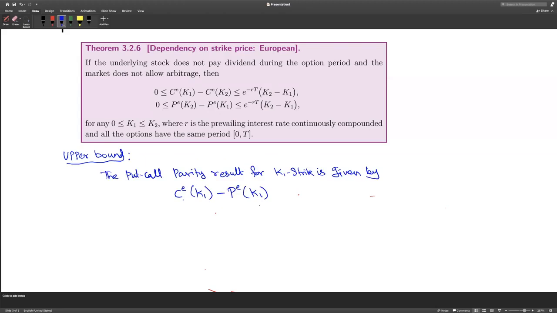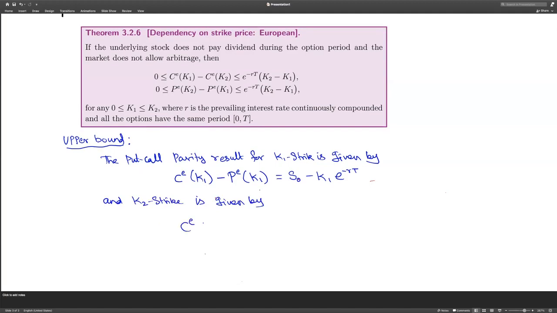That is, the price of the call option minus the price of the put option is equal to S0, the current market price of the stock at the spot market, minus K1 into e power minus RT. And similarly, the put-call parity for K2 strike is given by CE K2 minus PE K2 is equal to S0 minus K2 e power minus RT. So let's call this 1 and this 2.